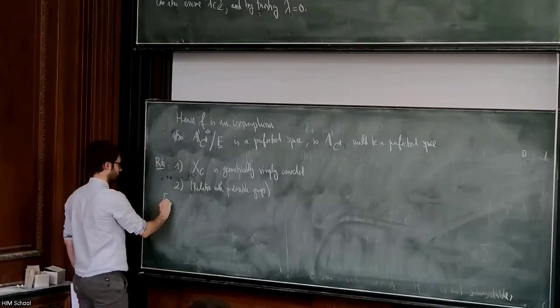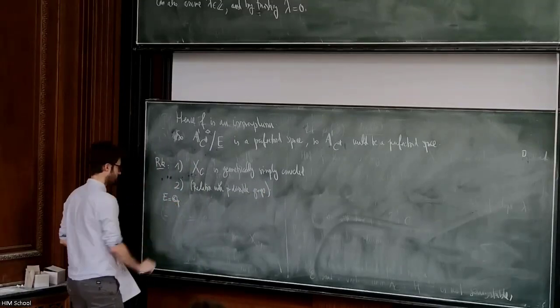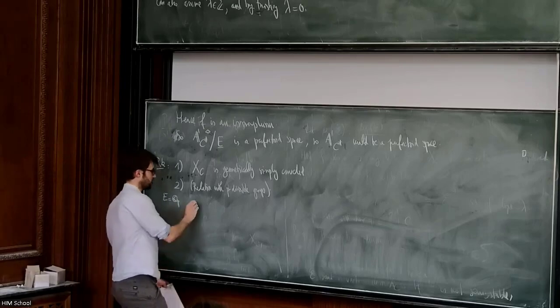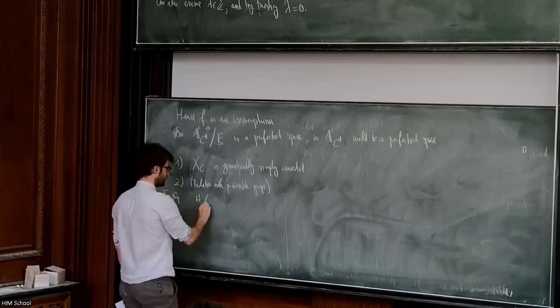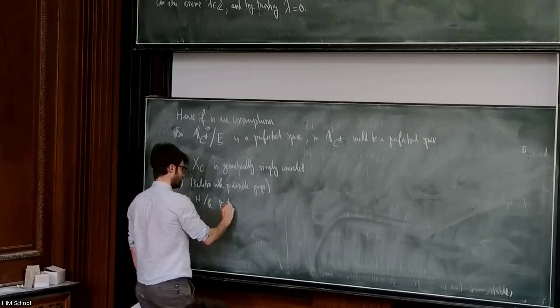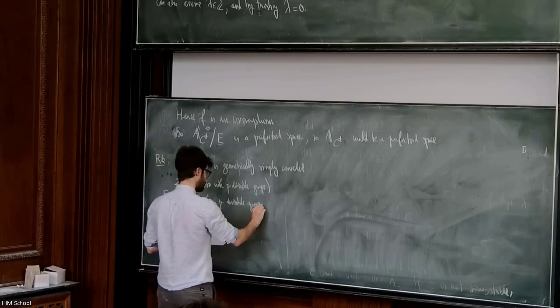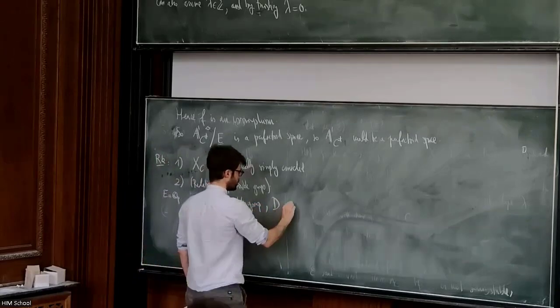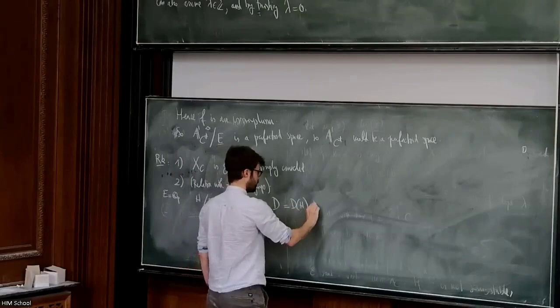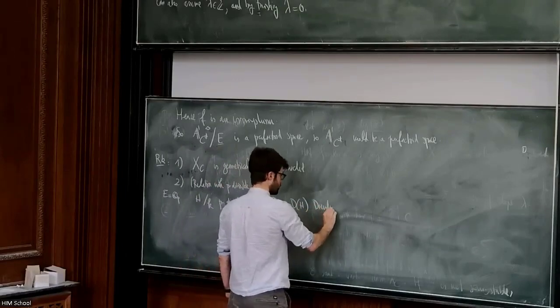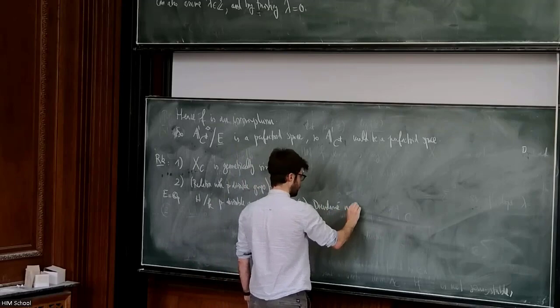So let me just assume that E is Q_p for simplicity. And let H over K be a p-divisible group, and D its Dieudonné module. So this is an isocrystal.